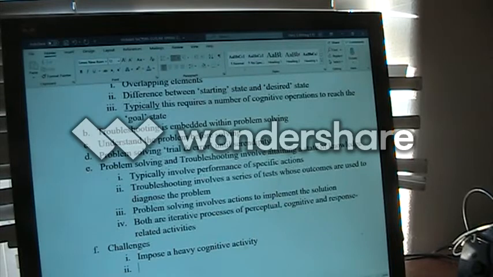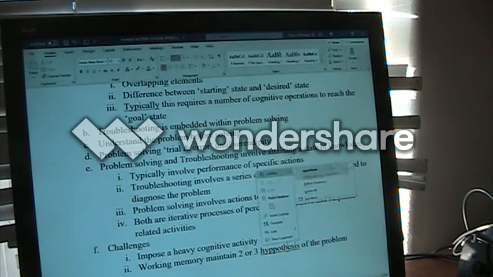All right, so in your working memory, you're going to maintain 2 or 3 hypotheses of the problem, right?